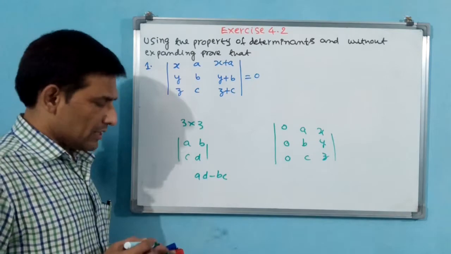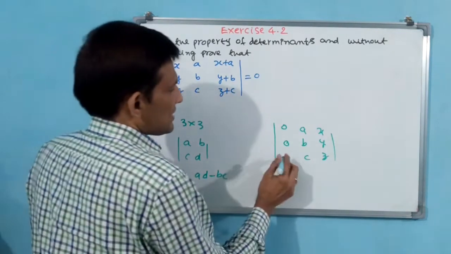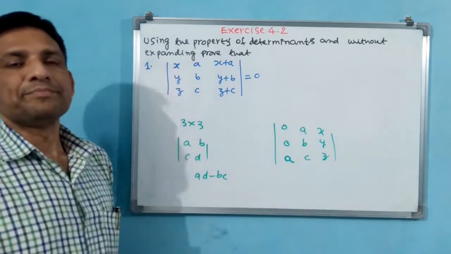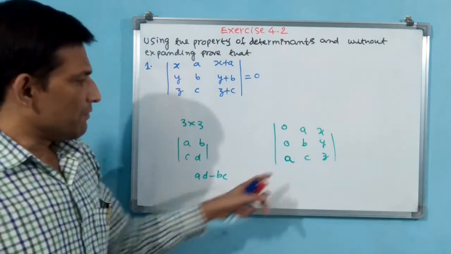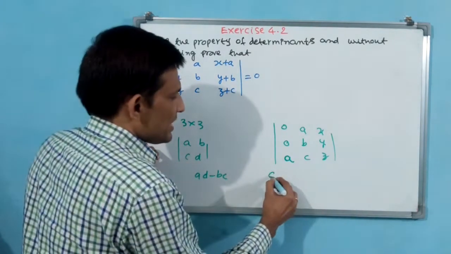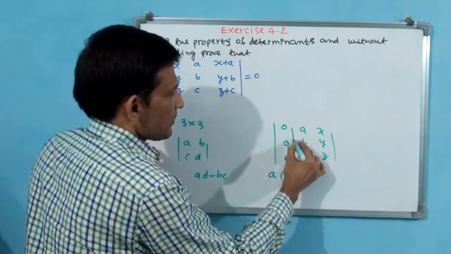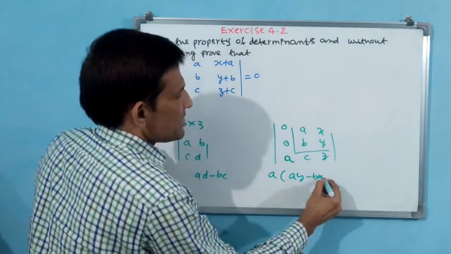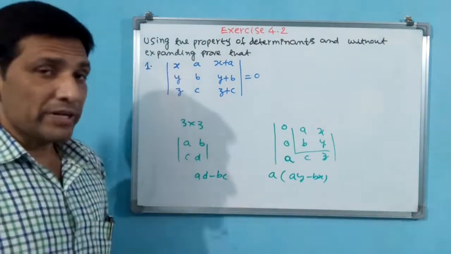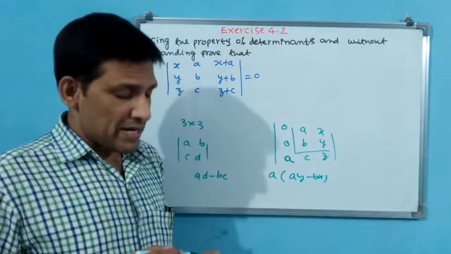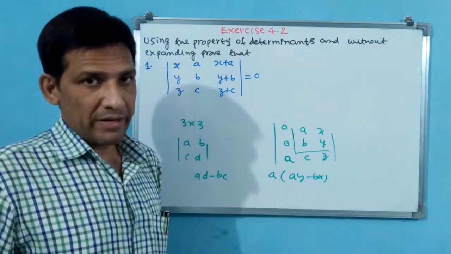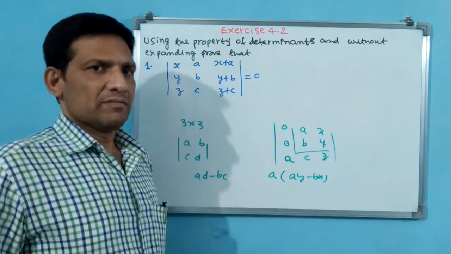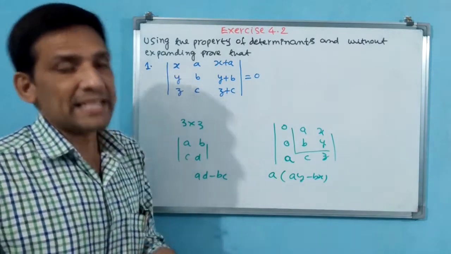Similarly, if I make this as A, then A into AY minus BX, like this you can write, but this is not going to be called expansion. Keep that in your mind. A one-step answer is not considered expansion.